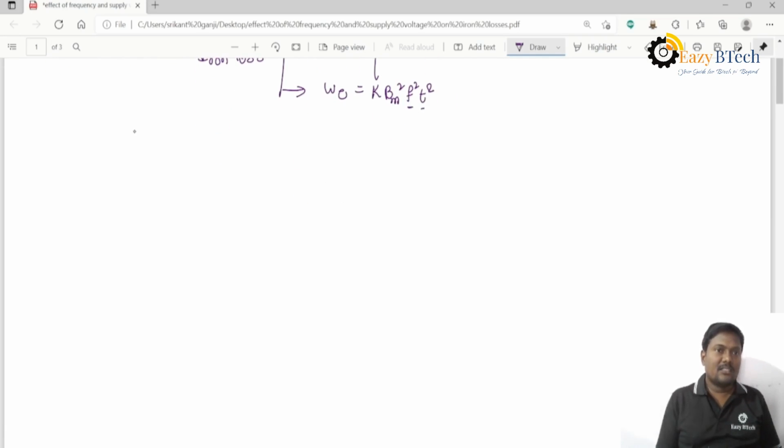Iron losses depend on voltage. The induced EMF of a single phase transformer is 4.44 Bmax A f N. If it is N1 turns, it is the primary induced EMF; if it is N2 turns, that is the secondary induced EMF.